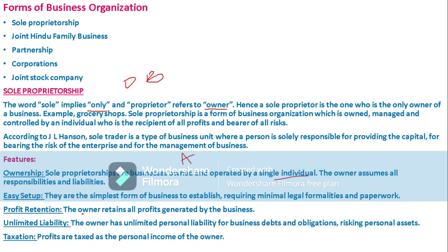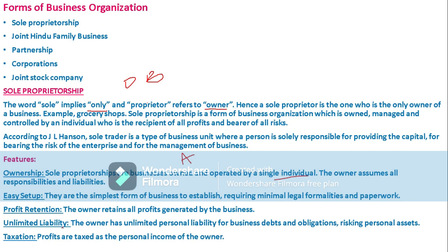As a single person is running the business, he is the owner of the business. So if any profits are attained in the business, they are wholly and solely retained by the owner. They are not shared with any other person, or paid out in any form. So this is profit retention.